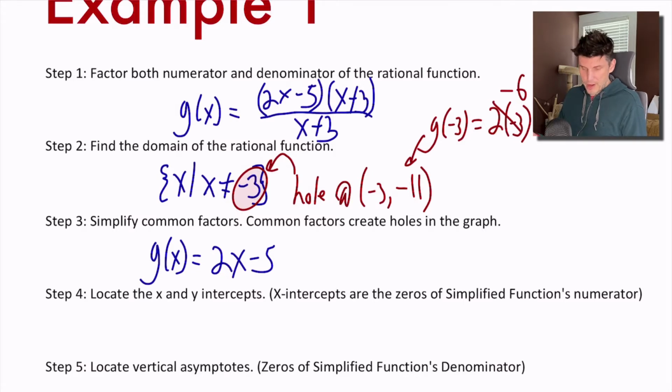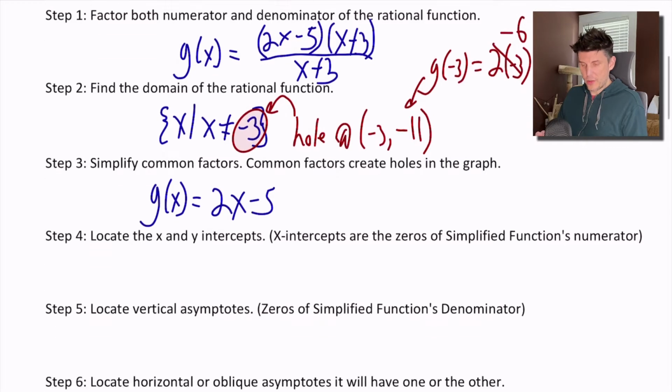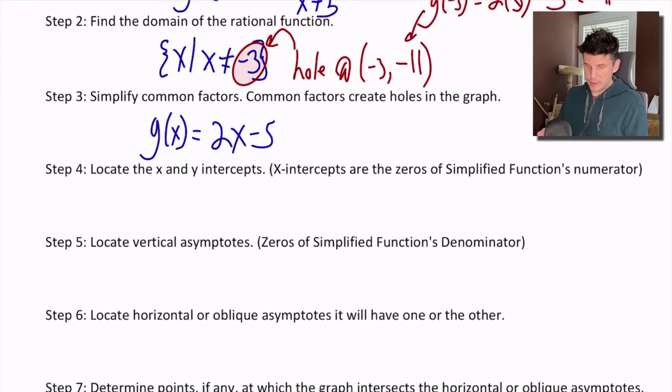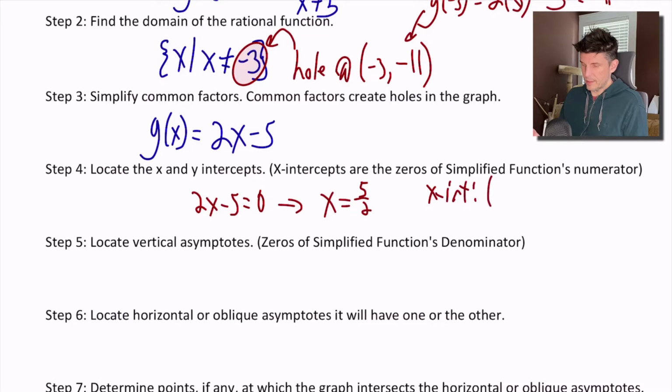Now, from this point on, locating x-intercepts, y-intercepts, vertical asymptotes, all of that other stuff, well, the x-intercept, sure, we can find. X-intercept is always just taking our function and setting it equal to 0. So we know that x is going to equal 5 halves. So the x-intercept is going to be at 2.5 comma 0.